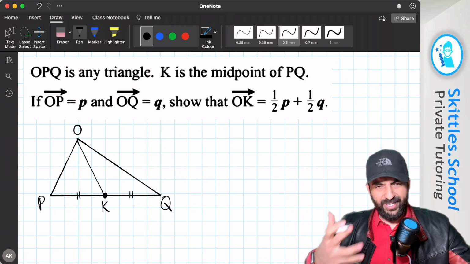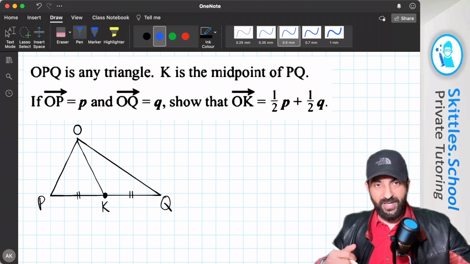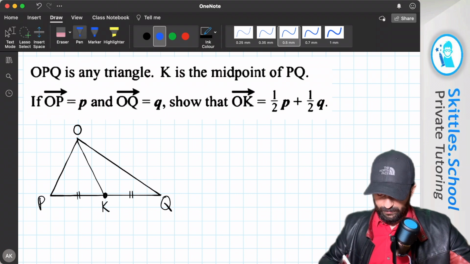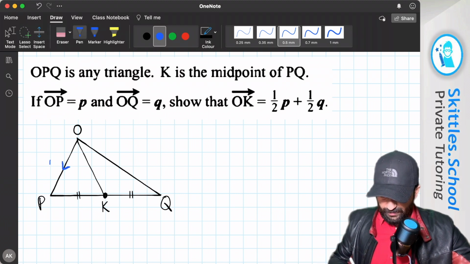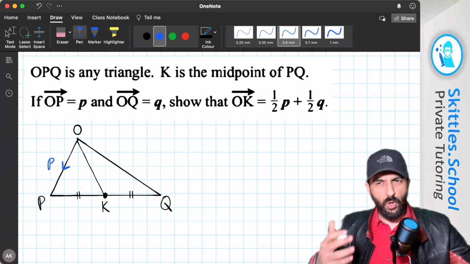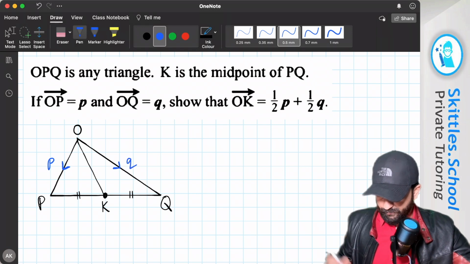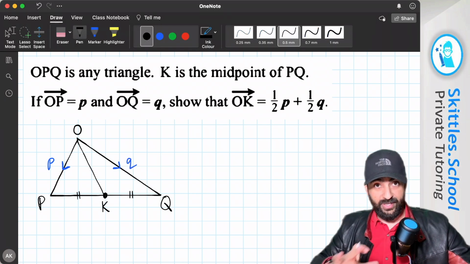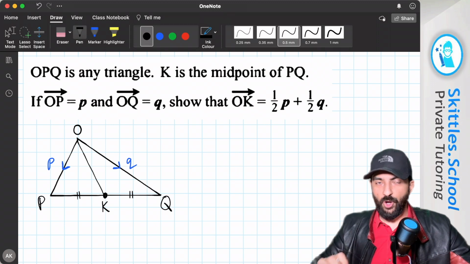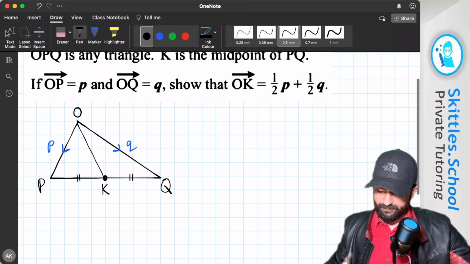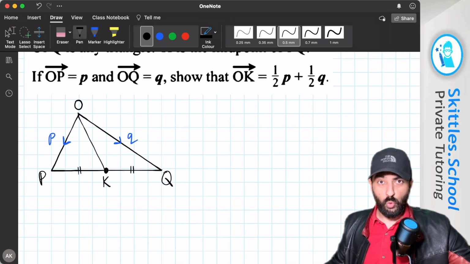Okay, so we've got our diagram. Let's put the vectors on it. O to P is P. So from O to P, in this direction, is P. And from O to Q is Q. So in this direction, it's Q. Okay, so there's all the information on our diagram. So let's start showing what O to K is.